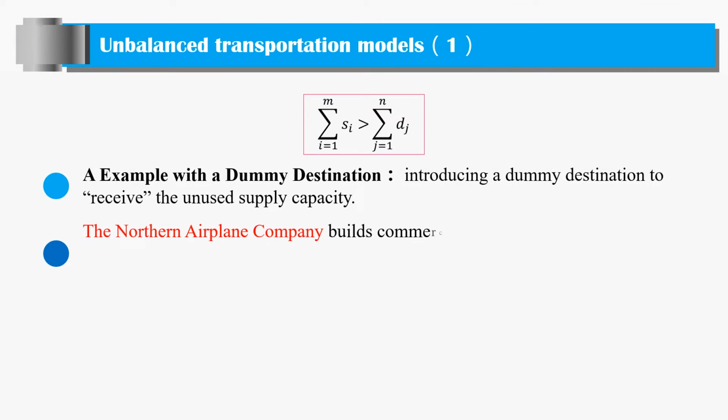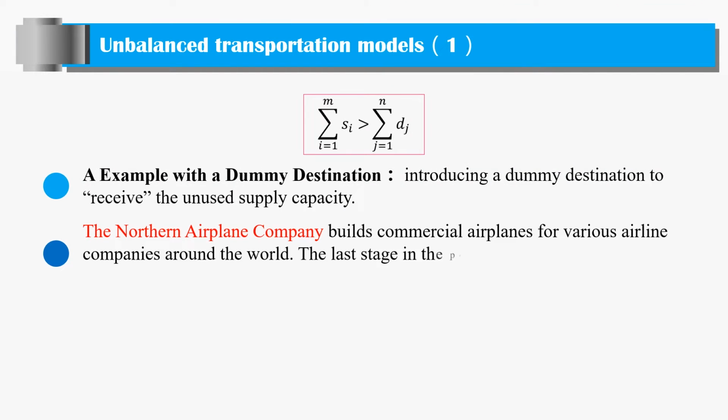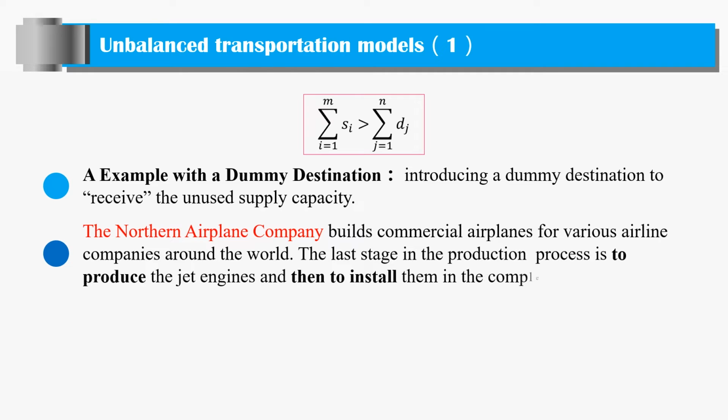The Northern Airplane Company builds commercial airplanes for various airline companies around the world. The last stage in the production process is to produce the jet engines and then install them in the completed airplane frame.